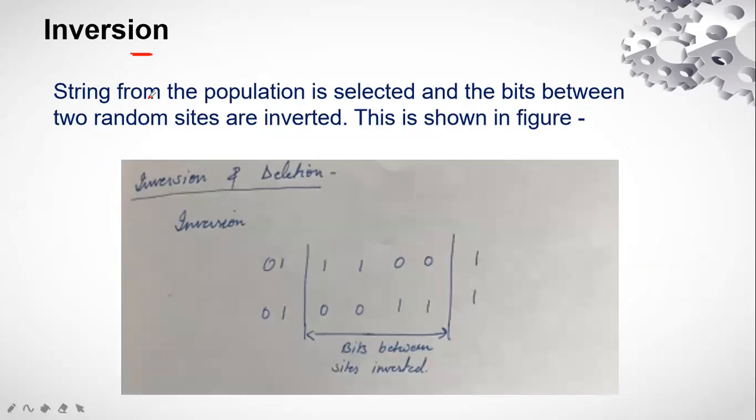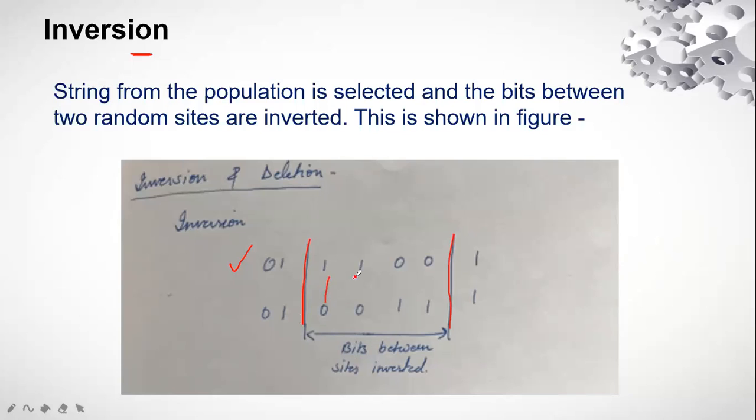Now moving further, let's talk about this inversion with an example. This is a string of chromosomes: 0, 1, 1, 1, 0, 0, 1. I'm going to randomly select two sites. Whatever bits fall between these two sites are going to be inverted. When I say inverted, I mean for 1 it will be 0, for 0 it will be 1, so it is just the flipping of bits.